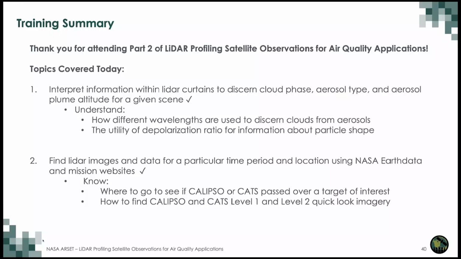Following that, we went through a demonstration on how to access quick looks on the Calypso website. As I mentioned, if you go to the CATS website, it's structured very similarly. That's really useful for the quick looks or a case study. But if you want to download longer chunks of data, we recommend that you go to the Langley DAC or ASDC.